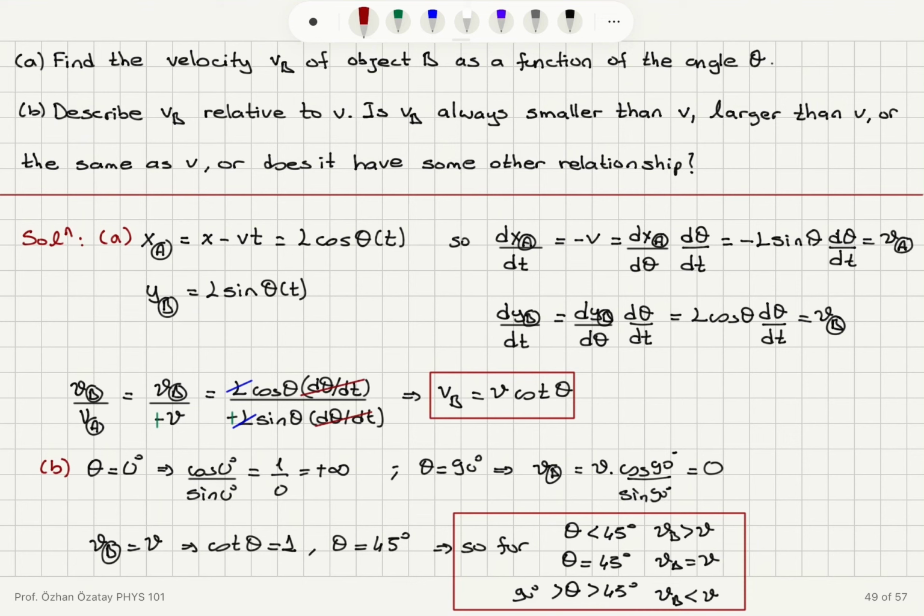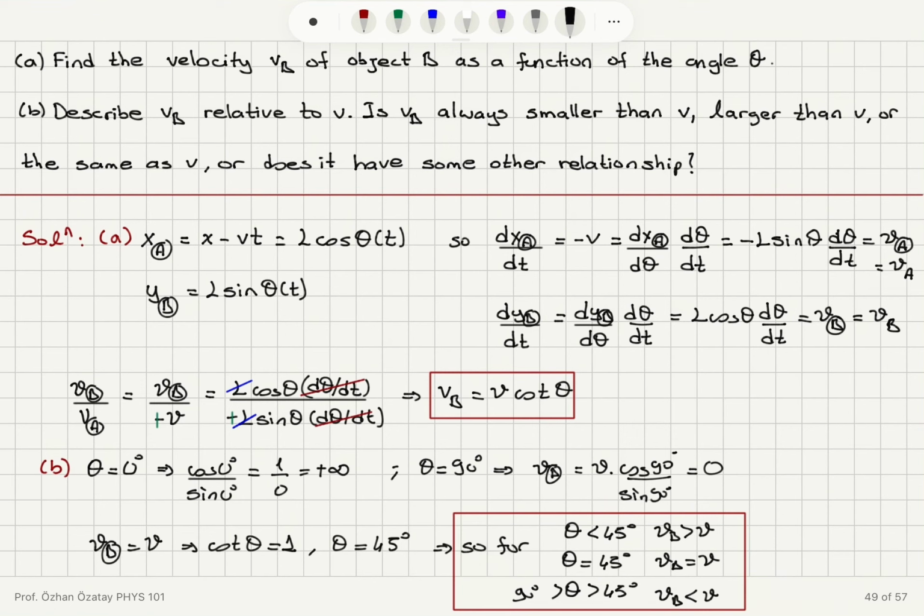By taking the derivative with respect to time, I determine vA, which is minus v. By taking the derivative with respect to time of yB, I determine the velocity of B. So this is basically what is labeled as VB in the problem, and this is VA. So if I take the ratio of VB to VA, I see it's VB divided by minus V, which is L cosine theta d theta/dt, divided by minus L sine theta d theta/dt.